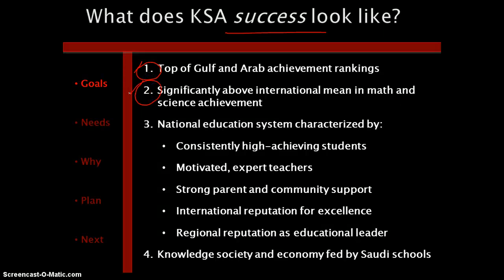Significantly above international mean in math and science achievement. In other words, they're not only outperforming their peers, but they're outperforming their international competitors. And a national education system characterized by consistently high achieving students. In other words, they want to see this kind of a growth curve, not this kind or this kind or this kind.